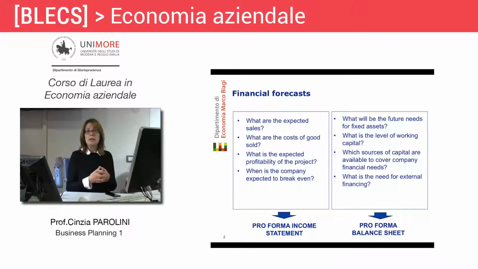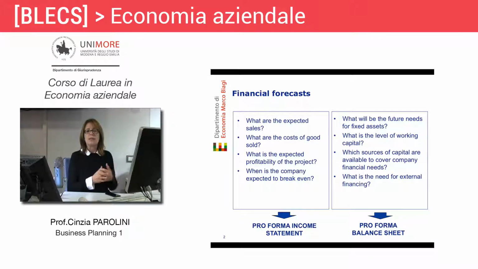But we will use our funds also in other ways. For example, we will have accounts receivable, that is the money that we have to receive from our customers if we sell our products and we are not paid at once.